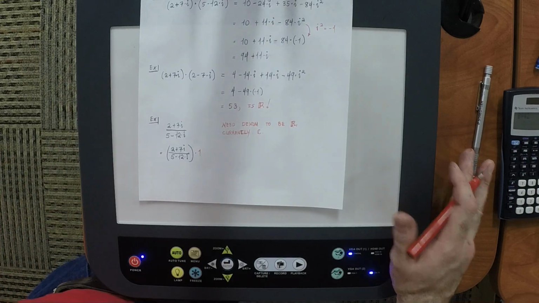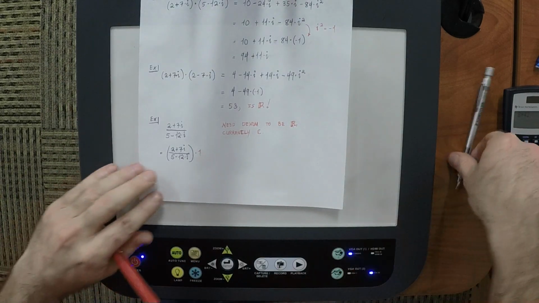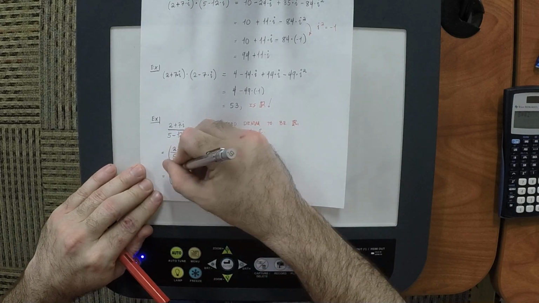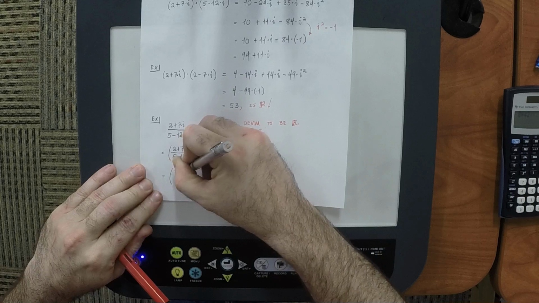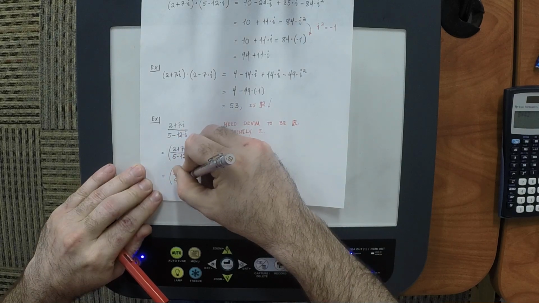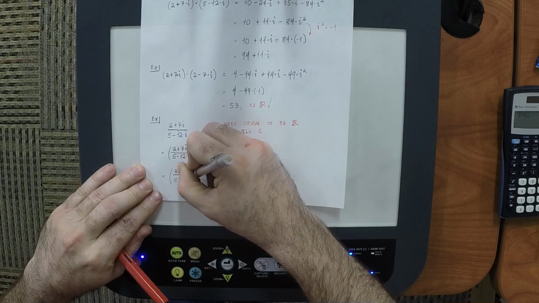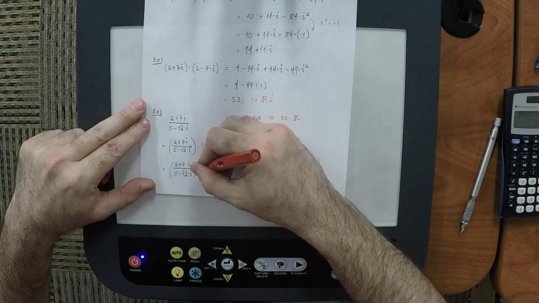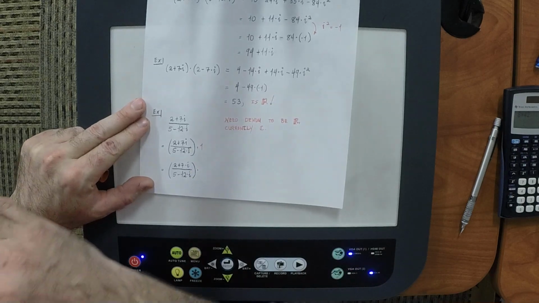It's got to be 1. Also, the problem that we face is that the denominator is not real.